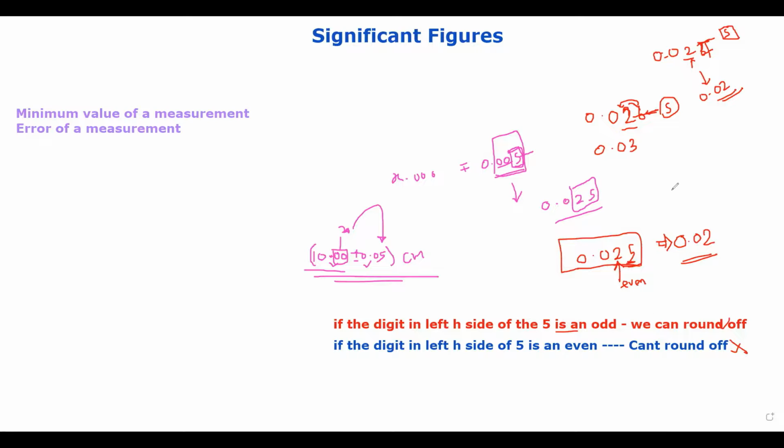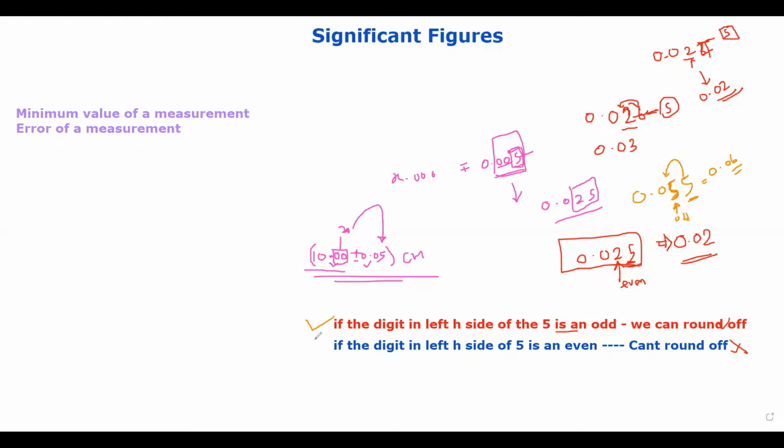However, imagine the next one is 0.055. Now we have to round off to the first digit. That digit is 5. Is it odd or even? It's an odd number. If it is an odd number, we can round off, according to the first rule. So after rounding off, the answer is 0.06.